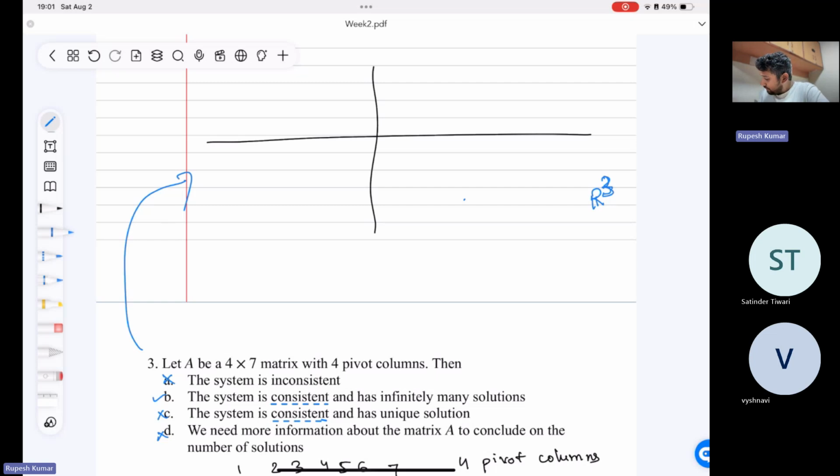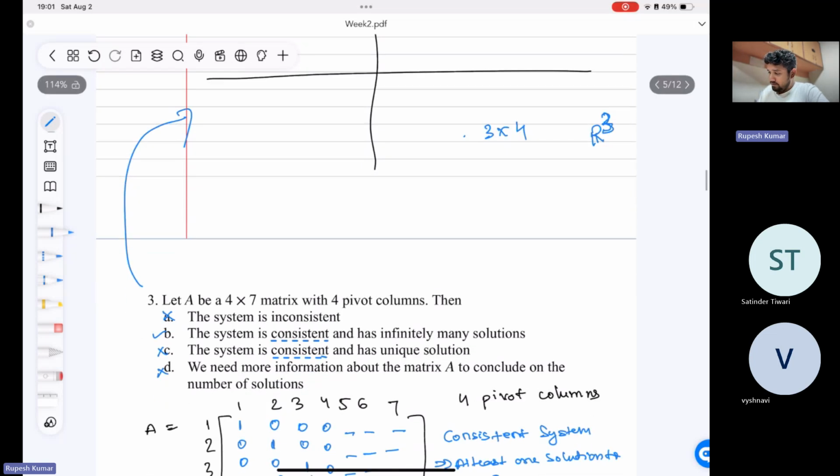So let our matrix be of dimensionality 3 cross 4, right? So we have four variables and three equations. So let's put this up.